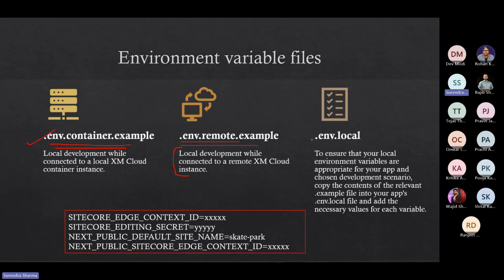If you are working locally, then we have to create a file here, env.local, and inside that we can specify all the required keys that we need. The minimum that we require are these four keys. We require the edge context, the editing secrets, the default site name, and the Sitecore edge context ID.